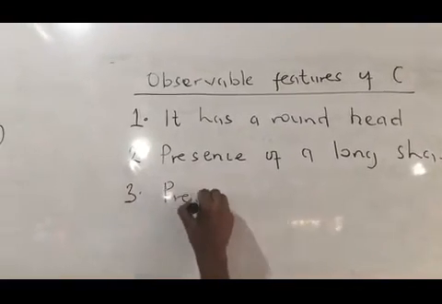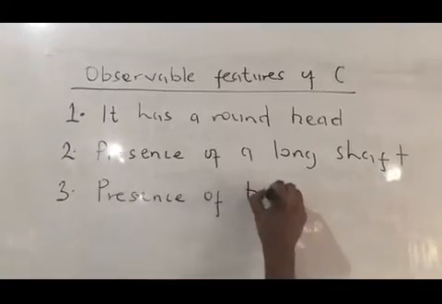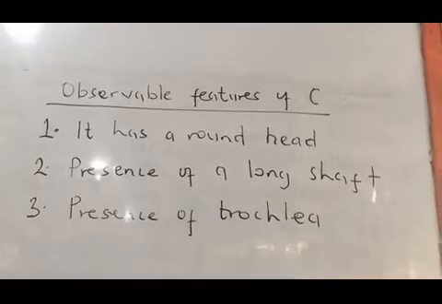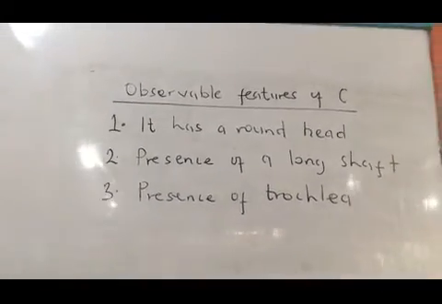There is also presence of the trochlea. Okay, so those are the observable features of C.